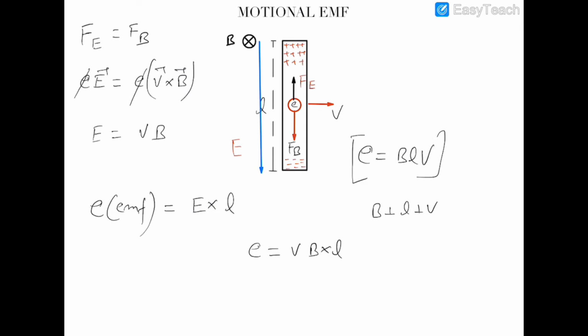So a very important conclusion of this method was that this EMF is also created by some induced electric field in the rod. Okay, and we will discuss this induced electric field in the further part. Now we move on to the third approach, which is the vector approach.